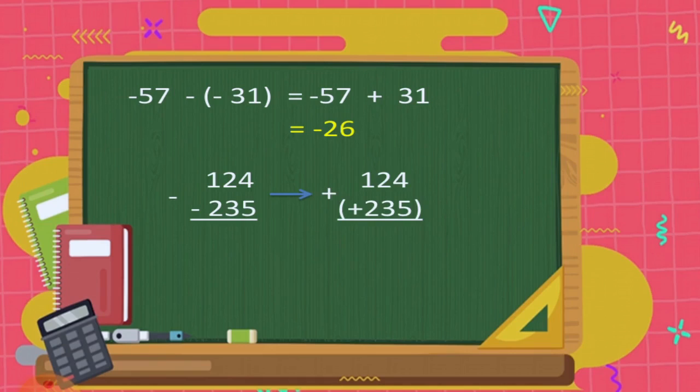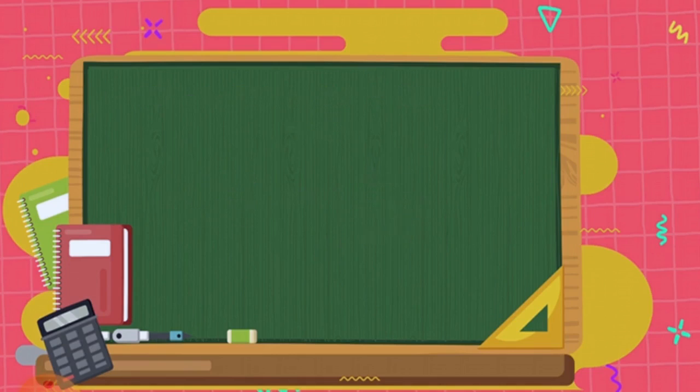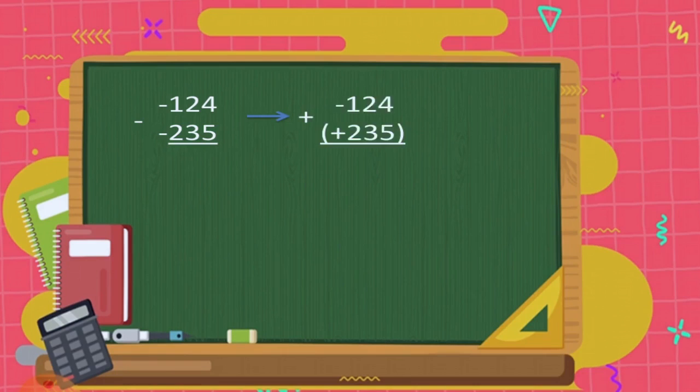So the answer is positive 359. Next example, negative 124 minus negative 235. The subtrahend is the negative 235. Change it to positive 235. So this is unlike signs.